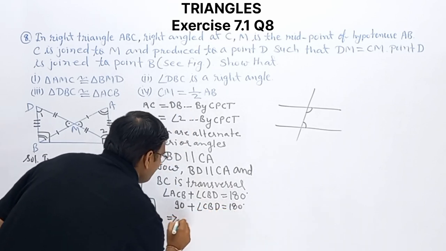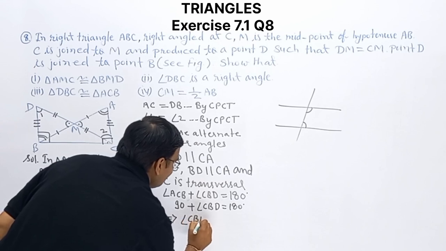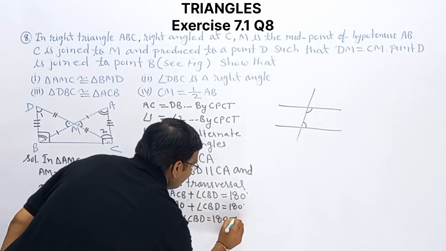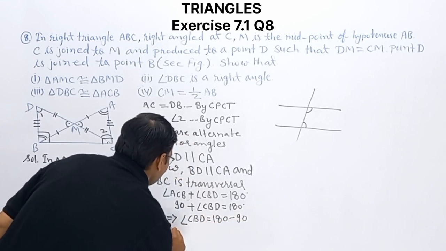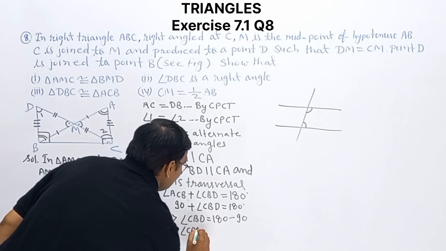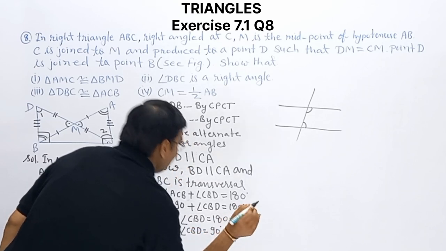Finally, once we transpose, angle CBD will be 180 minus 90. Finally angle CBD will be 90 degrees.